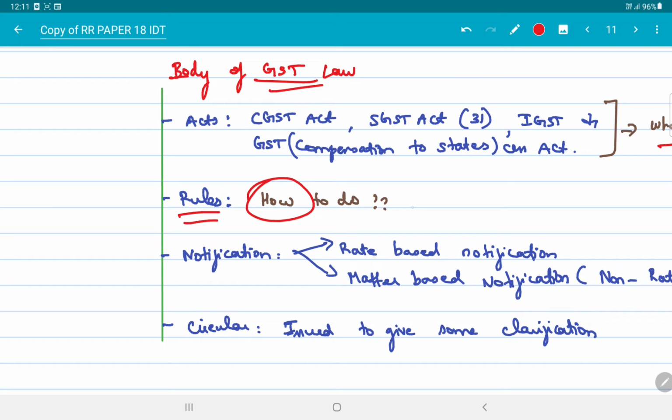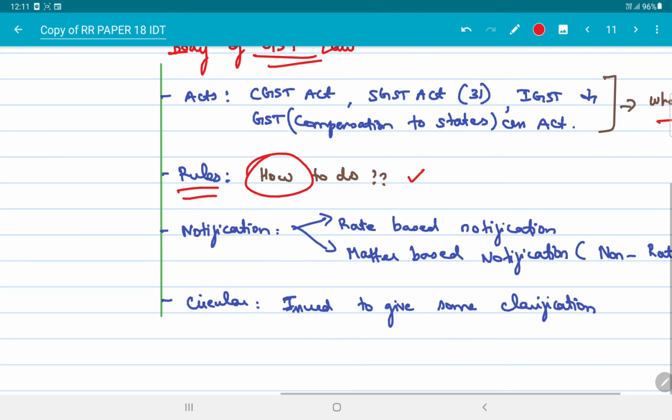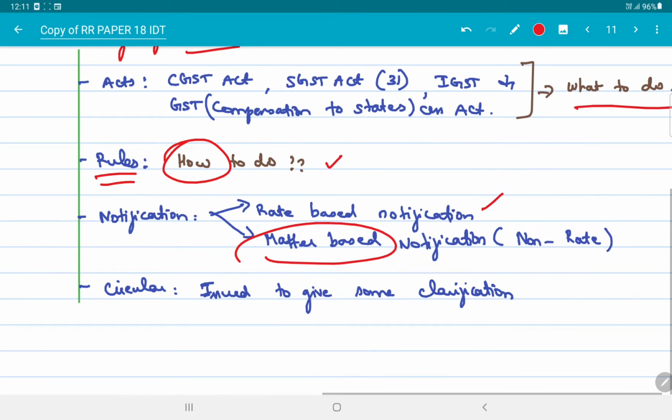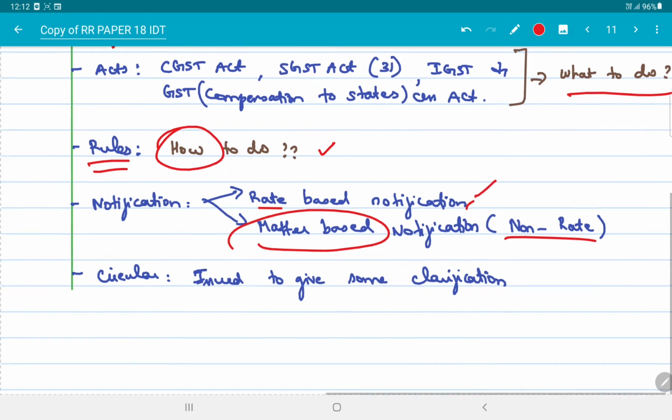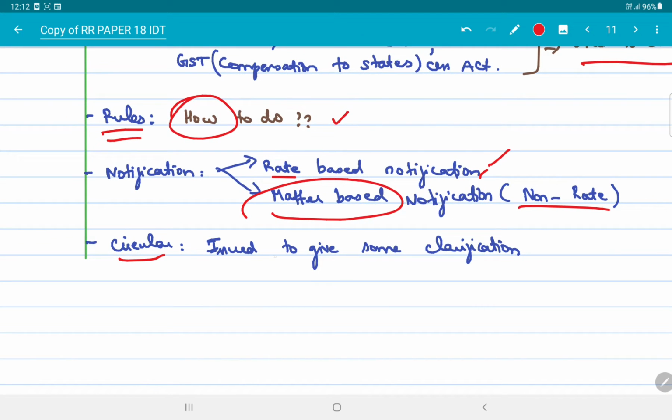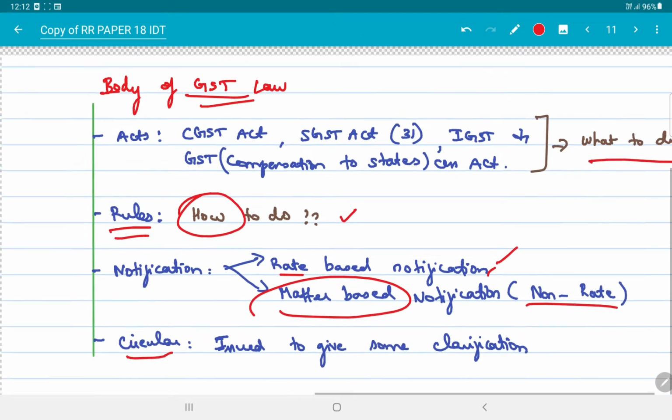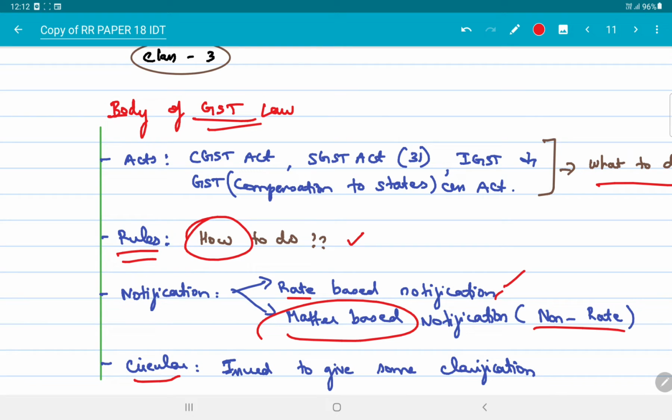Notification may be rate based or matter based. Rate based: any rate changes, a notification will be issued. Matter based: any changes or clarification, then a circular will be issued to give clarification. So this is the body of the GST law: Act, rules, notification, circulars.